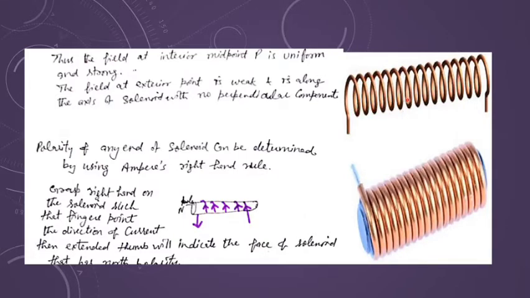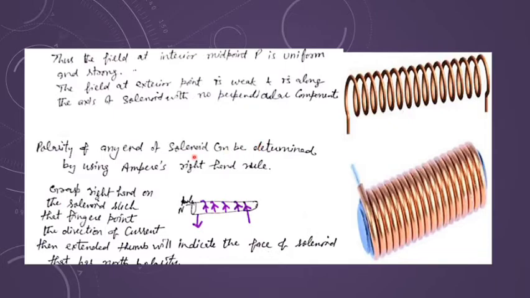One method for finding the polarity is the clock rule, as we discussed in the previous class: when you look from the front and the current is passing in the anti-clockwise direction, it acts as the north pole, and for clockwise it acts as the south pole.